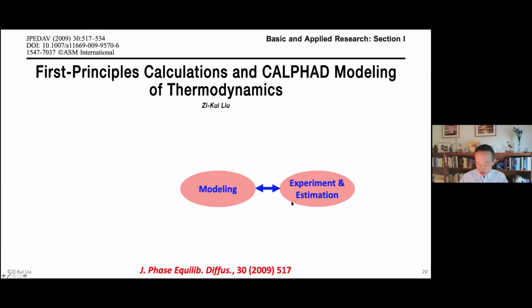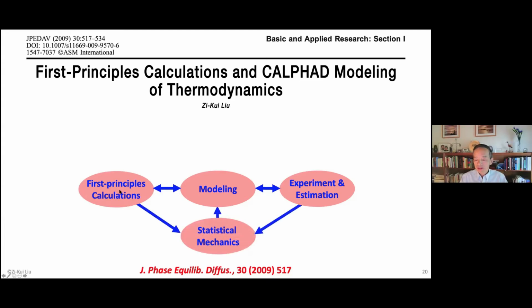Of course, you also know that in the 1950s there was density functional theory, which basically made the quantum mechanics Schrodinger equation solvable. But at that time, the computer was very limited. But now, in the last half century, computerization has really developed. First principles at 0 Kelvin, now we can do finite temperature too. Now we can make our model much better than before. Now you can see this kind of cycle here.